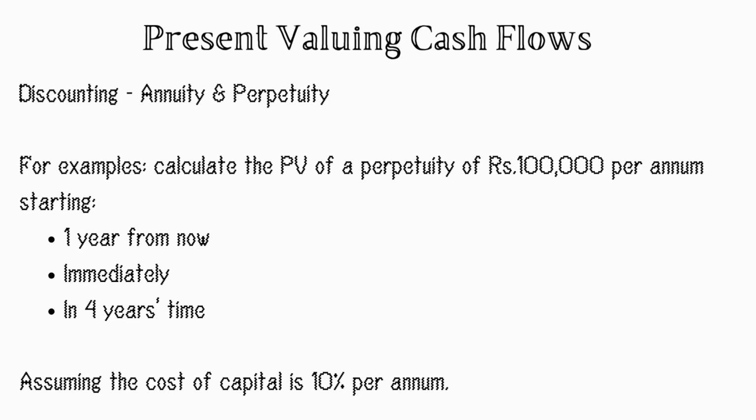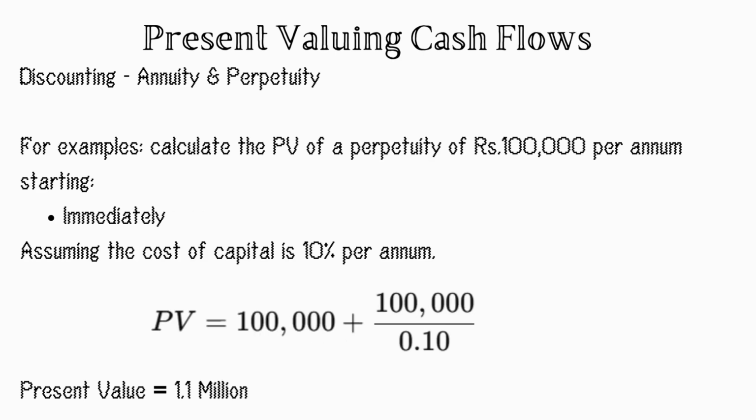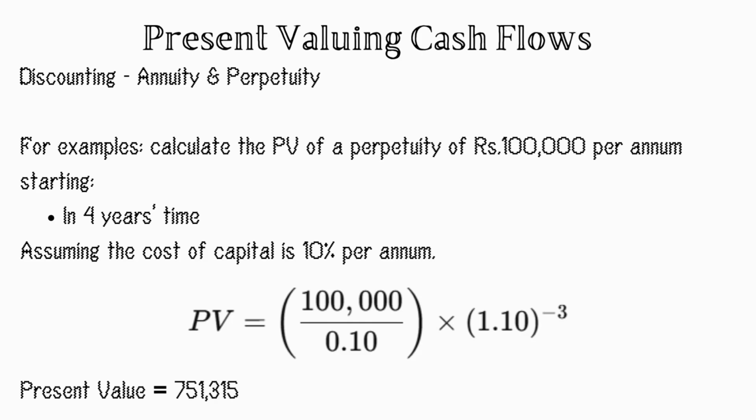Now pause here and calculate the present value for each scenario given. Alright, I assume you guys calculated the correct answers, but let me share the answers with you as well. For illustration 1, the correct answer is rupees 1 million, and for illustration 2, it is rupees 1.1 million. And for our third illustration, the answer is rupees 751,315.